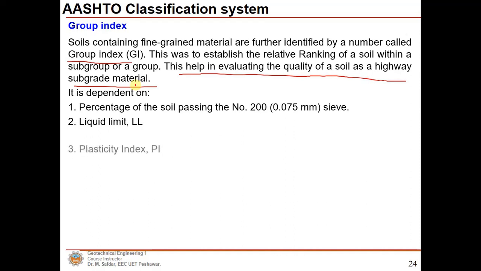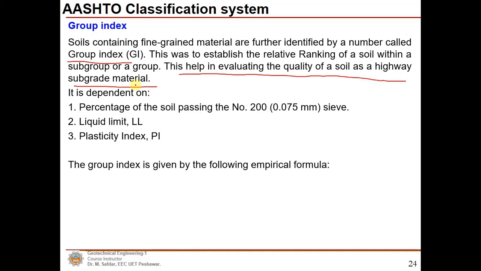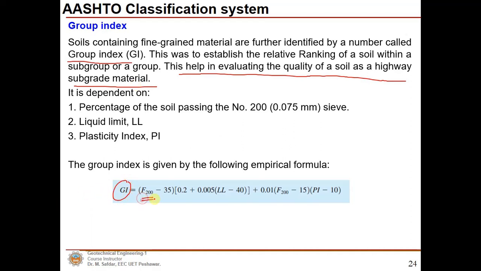The group index is dependent upon the percentage of the soil passing the number 200 sieve, liquid limit, and plasticity index, and this is the equation. Group index is equal to (percent passing number 200 sieve minus 35)(0.2 plus 0.05 (liquid limit minus 40)) plus 0.01 (percent passing number 200 sieve minus 15)(plasticity index minus 10).